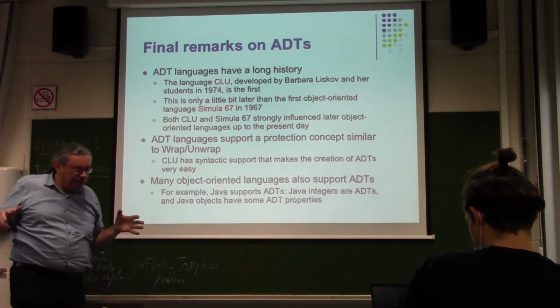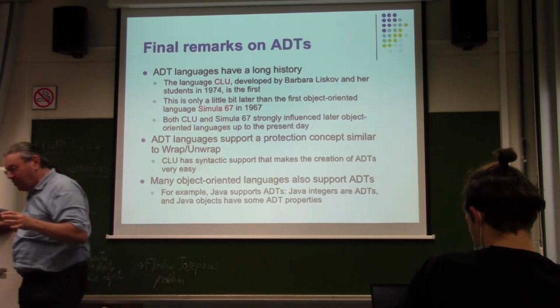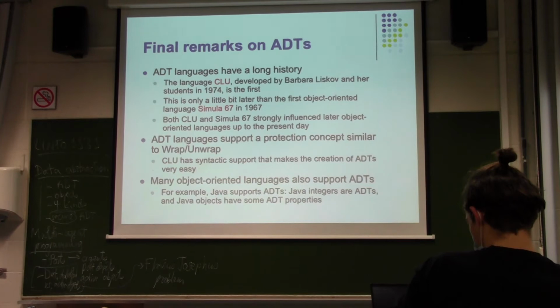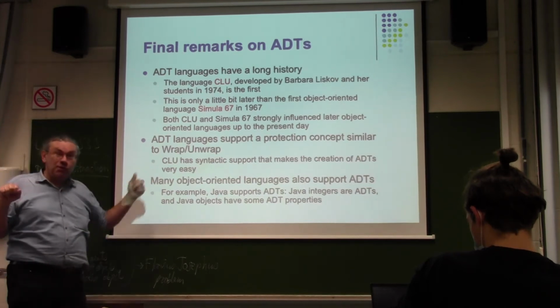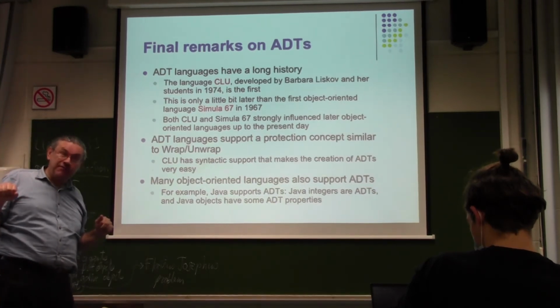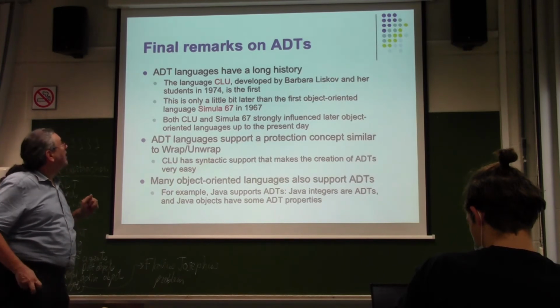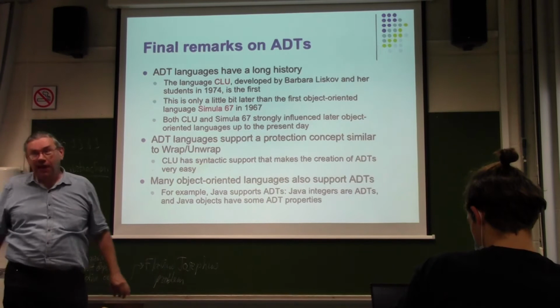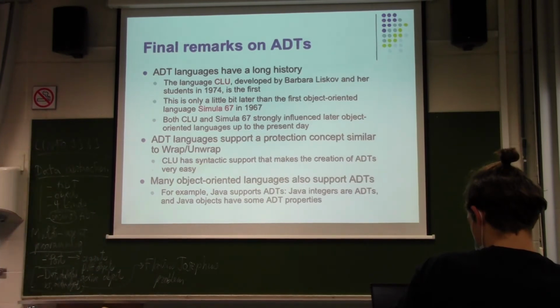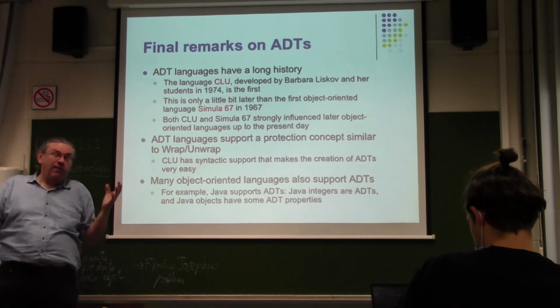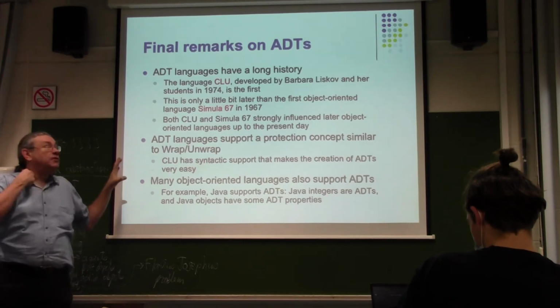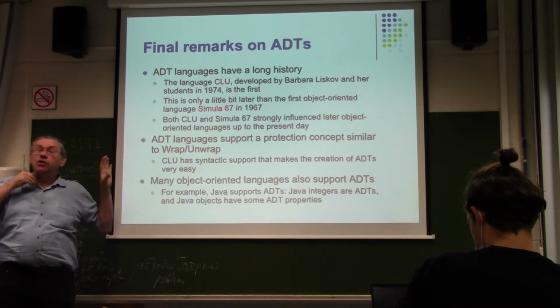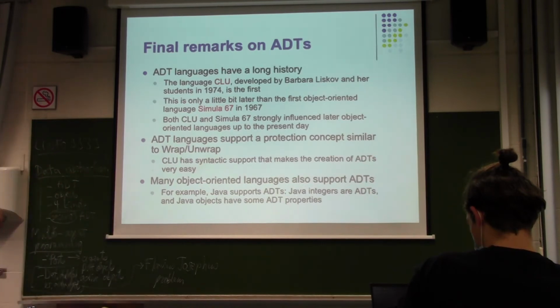So instead of calling them object-oriented languages, you should probably call them data abstraction languages, because they also support abstract data types, even if they don't say it, okay? So that's a final remark. Abstract data types are not like a contest where abstract data types were fighting against objects and one of them won. No, they both are fundamentally useful, and today's languages are using both, okay?